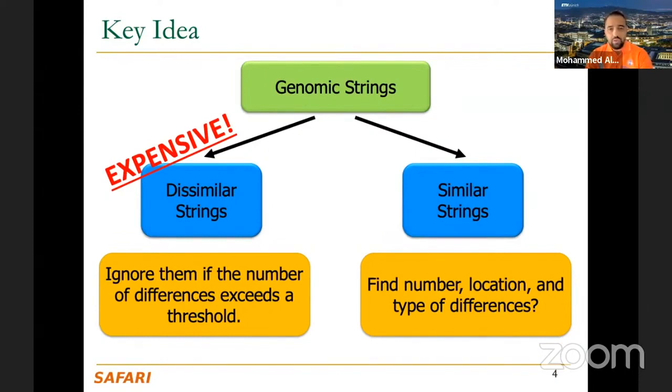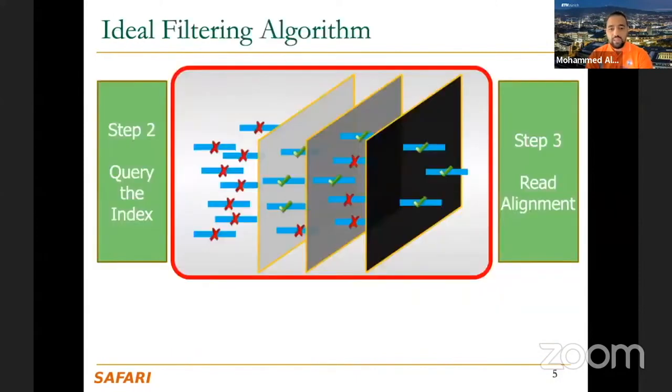So it's always better to perform the minimal number of computations needed just to identify whether this is dissimilar or similar. If it's similar, there is no way to escape the computation needed for that, because anyway we need the optimal number of edits, the exact type of edit, and the location of these edits.